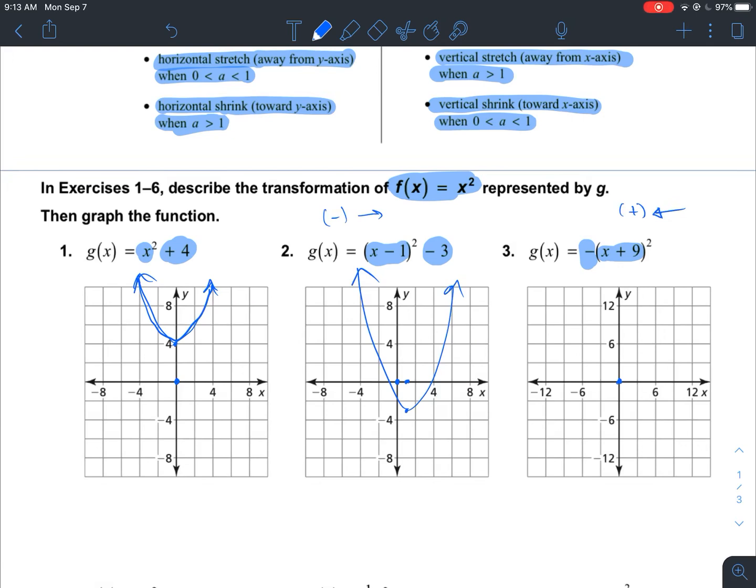So 1, 2, 3, 4, 5, 6. So that should be about right here. Alright, and then normally we would draw it up like this right here, right? But because it's negative, it's actually a reflection across the x-axis right here. So we're going to face this downwards like this.